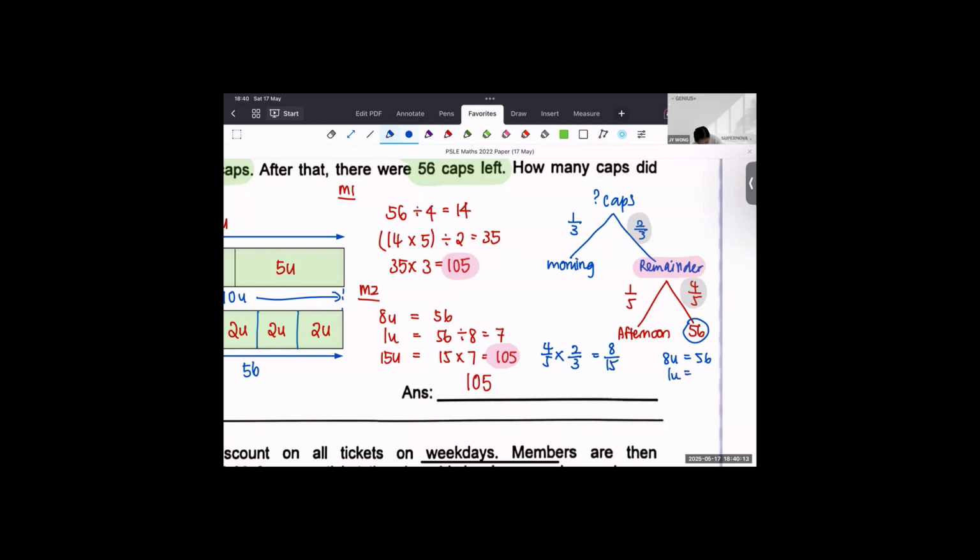Then 1 unit is 56 divided by 8, which is 7. Then you can find the total, which is 15 units. You notice that the equation you arrive at is not significantly different. Of course, it cannot be too different, but the answer is the same no matter which method you use.